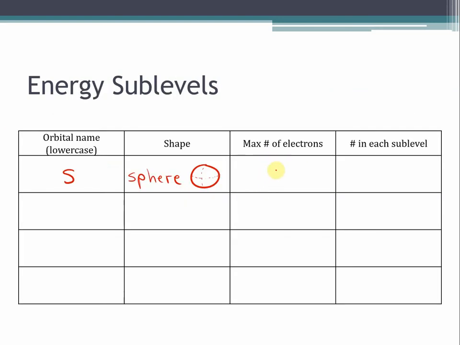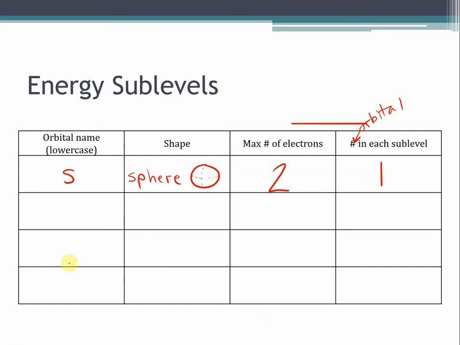So you can put a maximum of 2 electrons into your s orbital on any energy level. In each sublevel, you have 1 s orbital. So on each row of your periodic table, there is 1 s orbital. It can hold 2 electrons, and it is spherical in shape.